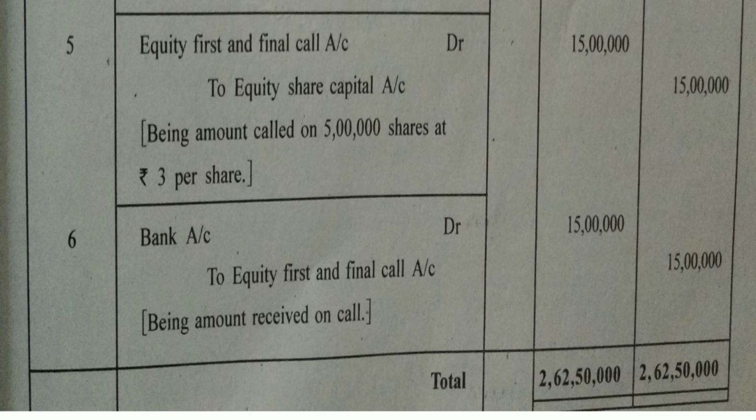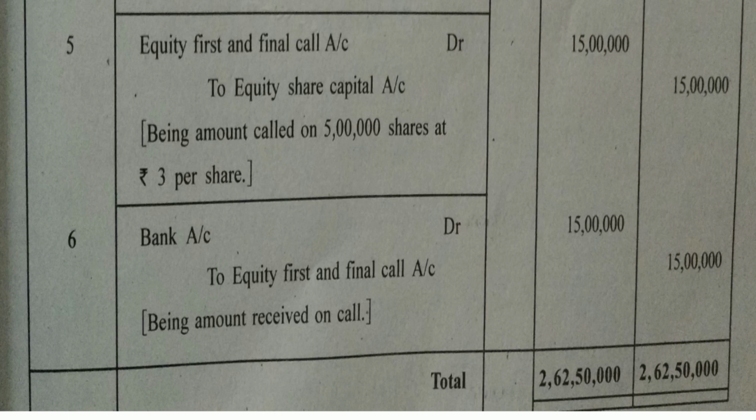Journal entry number 5. Obviously, after allotment, equity share first and final call becomes due. So the journal entry for that is equity share first and final call account debit to equity share capital account. How many shares? 5 lakh. What is the amount for first and final call? Rupees 3. So 5 lakh into 3 gives you 15 lakh rupees.